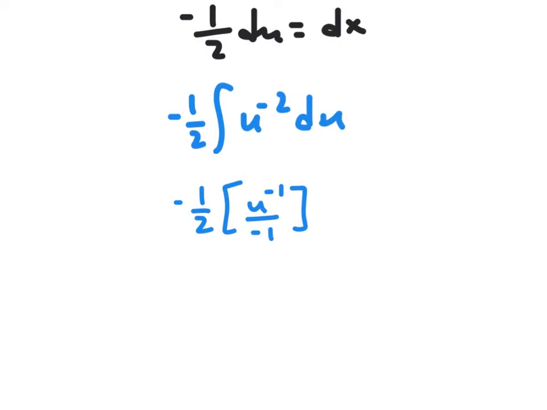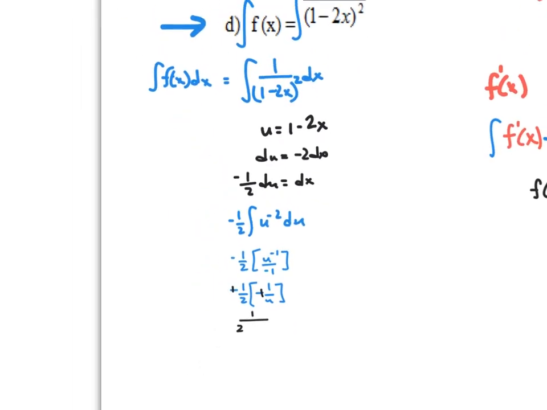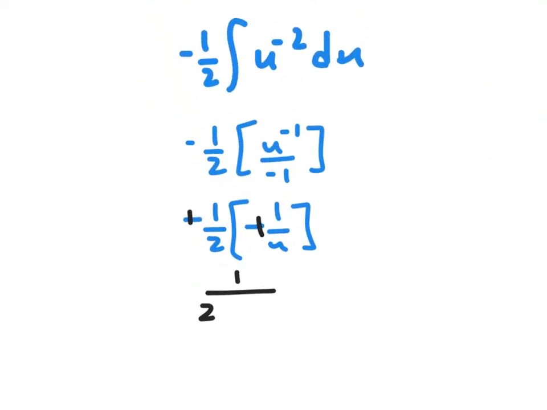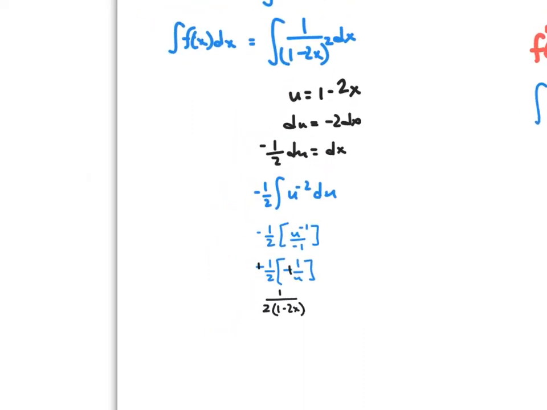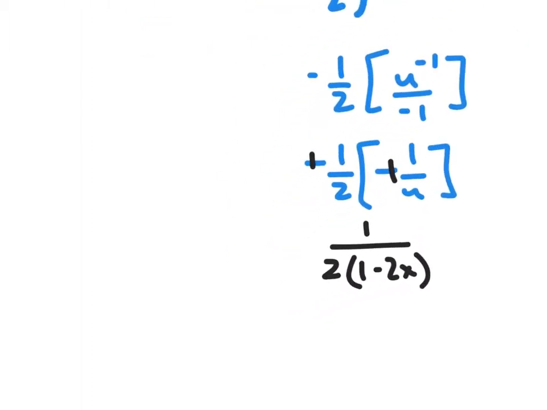Alright, so let's clean that up a tiny bit here. Negative 1/2 times negative 1 over u. Okay, so these would cancel, and I get 1 over 2u. What is u? u was 1 minus 2x.